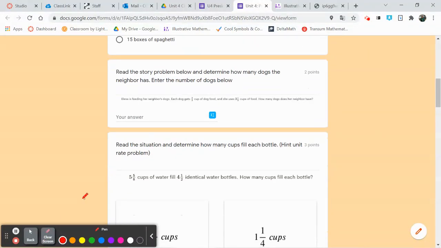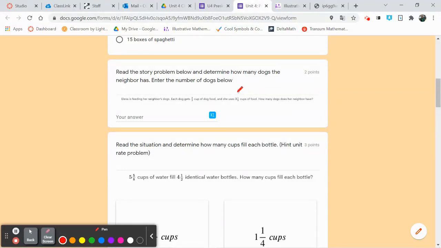All right, next question. Read the story problem below and determine how many dogs the neighbor has. Enter the number of dogs below. Elena is feeding her neighbor's dogs. Each dog gets 2/3 cup of dog food, and she uses 3 1/3 cups of food.